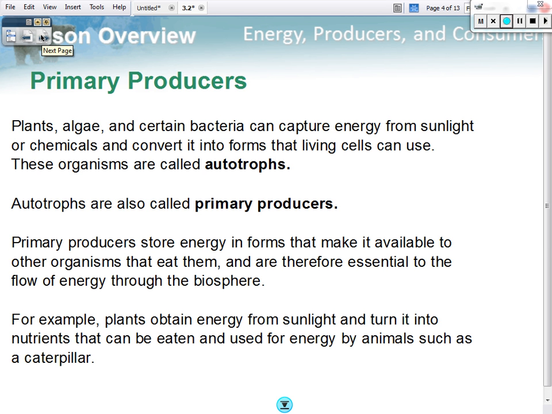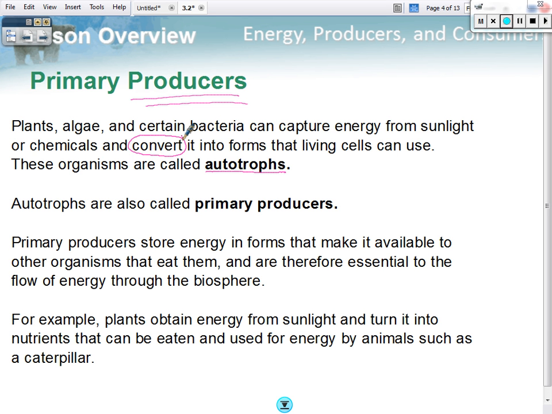To define, your producers are your autotrophs. Autotrophs: auto, doing it themselves. These are your plants, your algae, and even some bacteria. They take energy from the sunlight, and then this is big: they take it and they convert it.